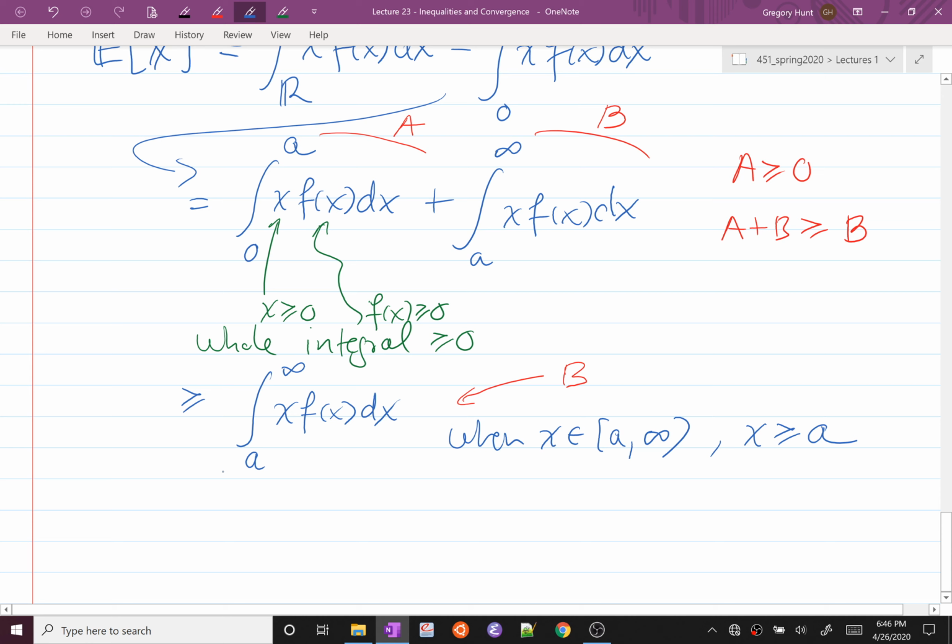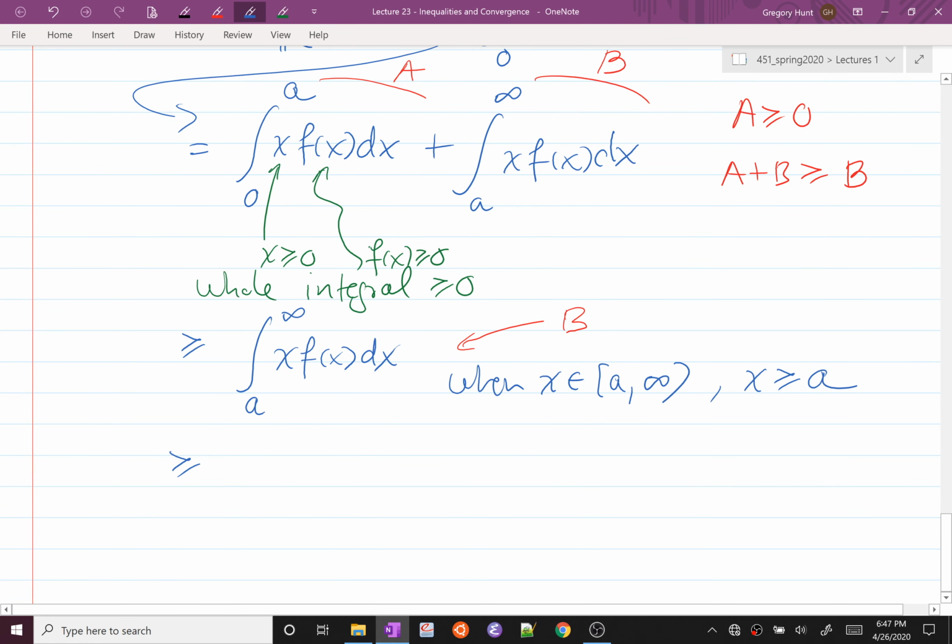And so I can replace x in my integral with something smaller than x, namely a, and the first integral must be bigger than the second one because all I'm doing is replacing the x with something that's smaller than it.